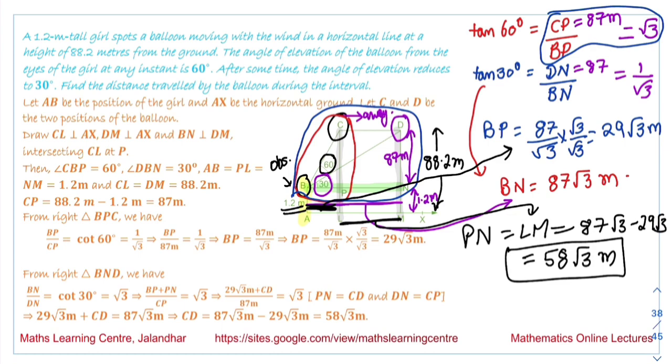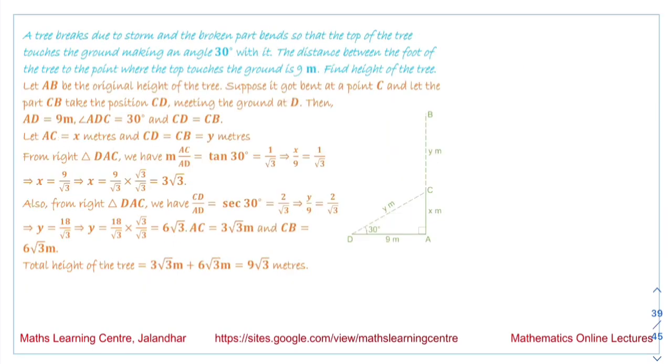Now the next we have is, a tree breaks due to storm and the broken part bends so that the top of the tree touches the ground, making an angle of 30 degree. So we are saying this was the whole tree we are talking about. It has broken from this point C, and this point B reaches over here.